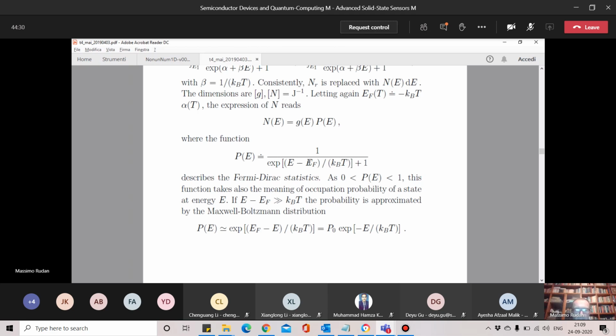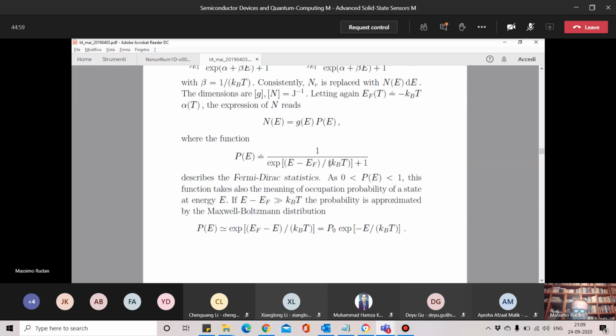Obviously, E and E sub F are energies, so they are measured in joule, which means that KT is also measured in joule. So Kb, the Boltzmann constant, is measured in joule over Kelvin, so that the product Kb T is joule.